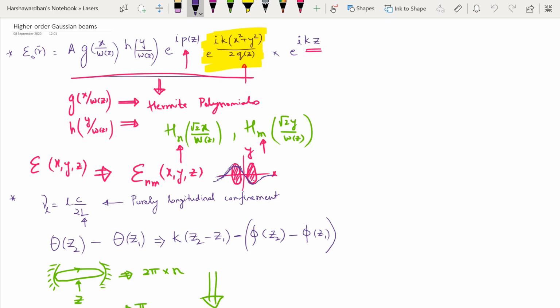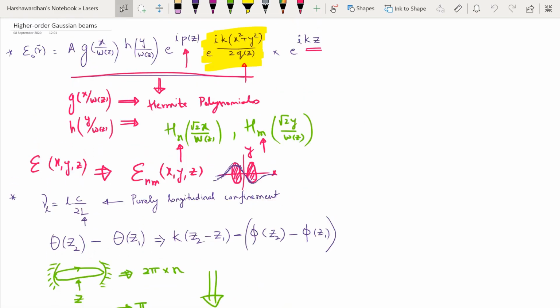So my field no longer is free to take any value, and the lowest value of n equal to 0, m equal to 0 is indeed 1, which is what we got earlier as our Gaussian beam solution. So as you increase this n and m, you get higher order excitations of the same Gaussian beam, because the Gaussian field is the same, but all that you have is now factors of Hermite polynomials multiplying it as a prefactor, right?